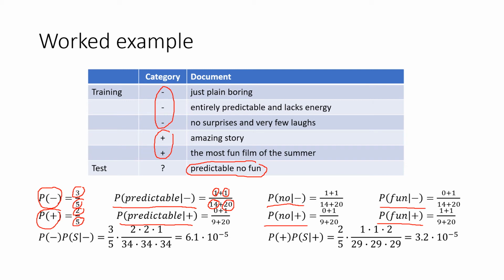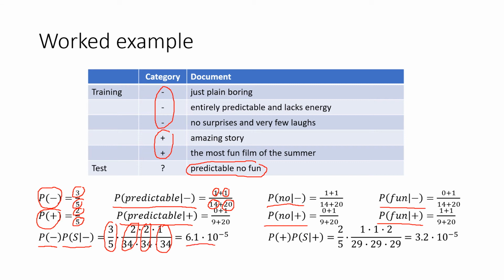Now that we have all the probabilities that we need to calculate the probability of category of our test sentence, we can calculate first the product of the prior probability of the negative category times the probability of our test sentence given the negative class. So we multiply the prior with these separate probabilities of individual words from our test sentence, and we get this result.